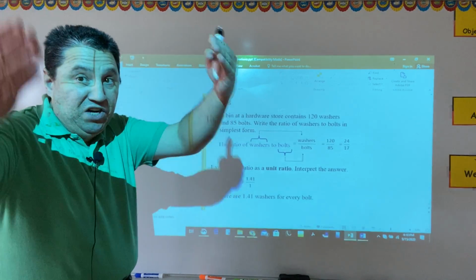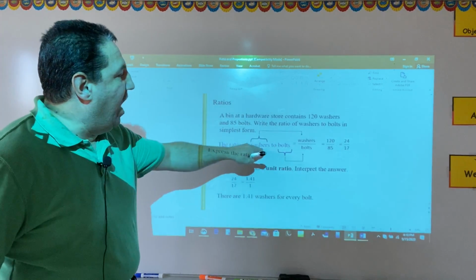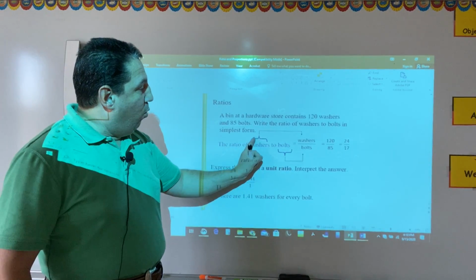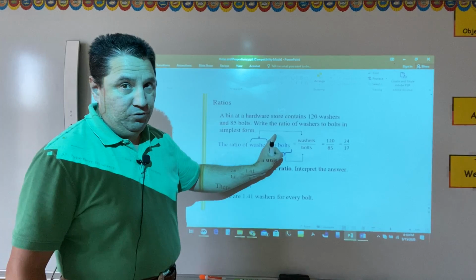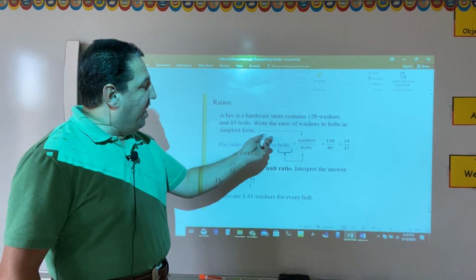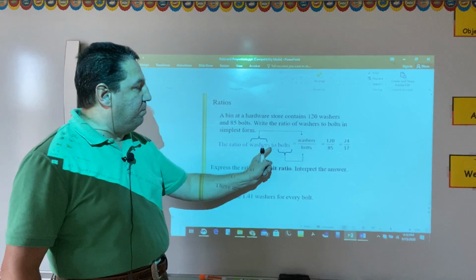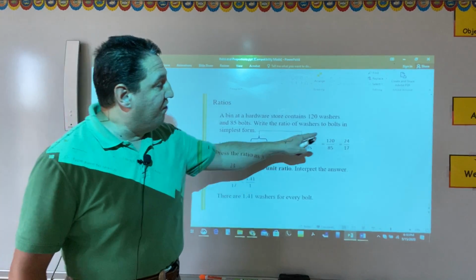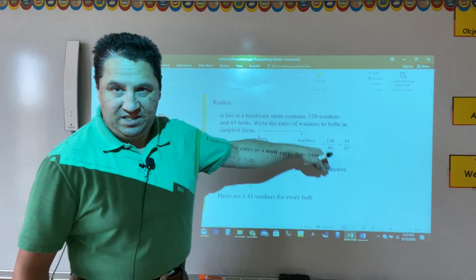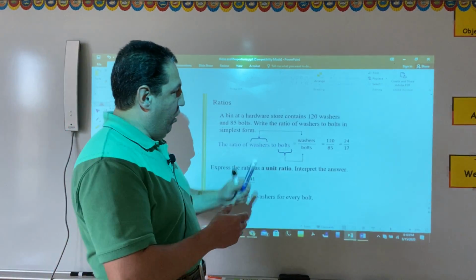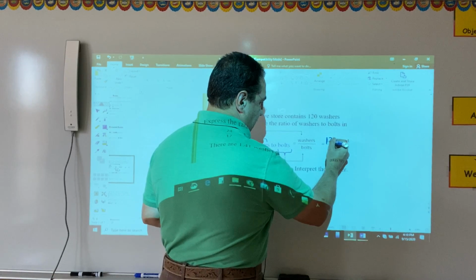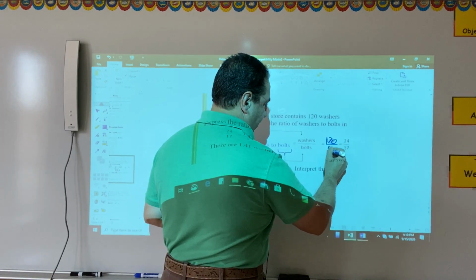So the ratio of washers to bolts means the number of washers over the number of bolts. Remember, the quantity that is before the word "to" is on top, and the quantity after the word "to" is in the bottom. So we're going to have 120 over 85.